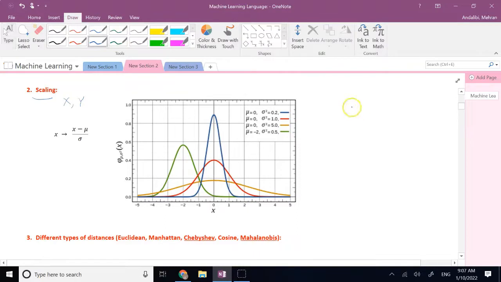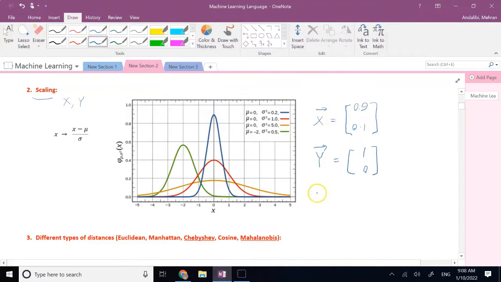What do I mean by that? Let me show you. Let's say I have vector x, which is, for example, 0.9 and 0.1. I have vector y, which is 1 and maybe 0.